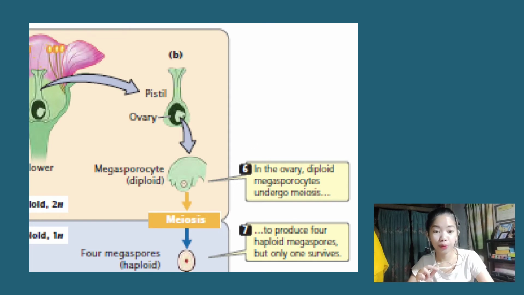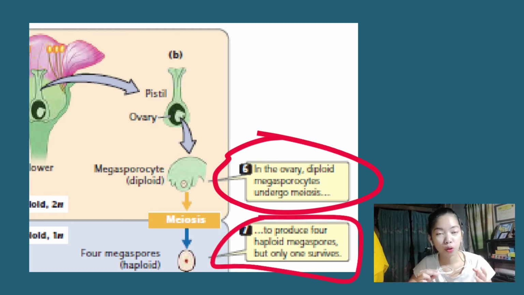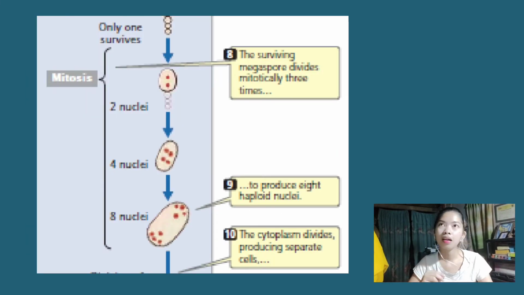In an ovule, inside the ovary, there is a diploid cell called the megasporophyte, which gives rise to the megaspores. This diploid cell undergoes meiosis and produces 4 haploid megaspores. But most of the time, only one megaspore survives, and the others disintegrate.